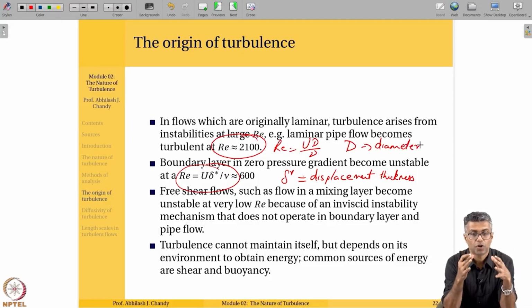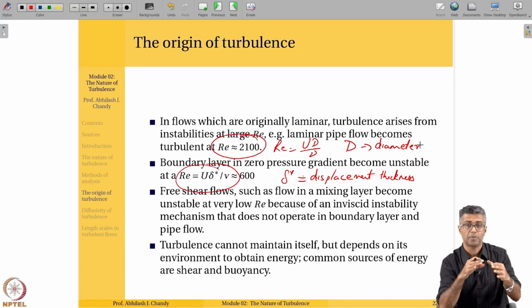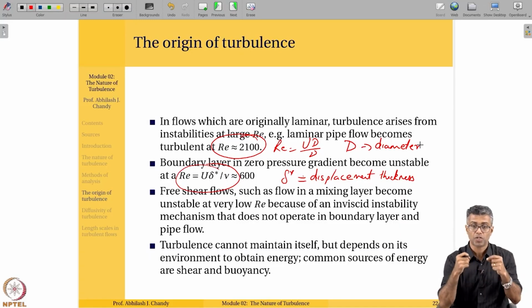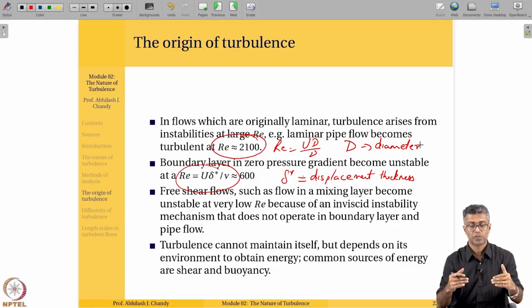Here, when you're talking about free shear flows, such as flow in a mixing layer, they become unstable at very low Reynolds numbers because of certain inviscid instability mechanism. Here, the inviscid instability mechanism is not what operates in a boundary layer or a pipe flow. Okay, so because of that, the instabilities start to propagate at a lower Reynolds number. In pipe flow and boundary layer flow, you have a solid surface, so you have a velocity gradient because of that.